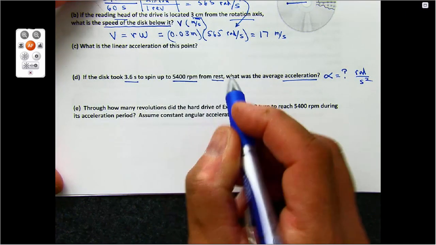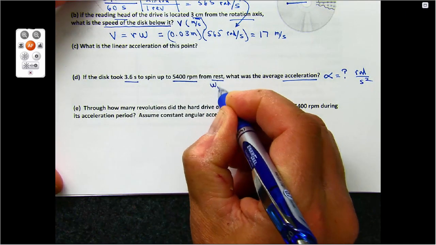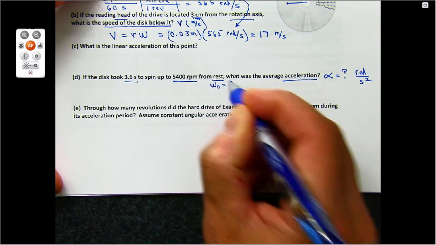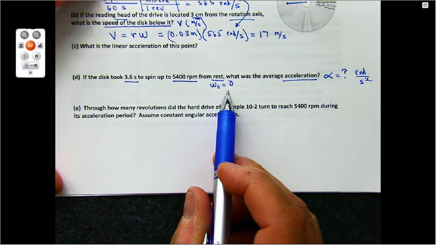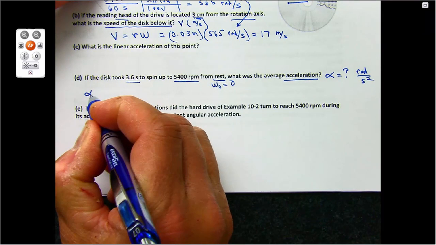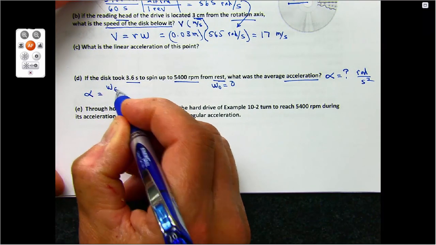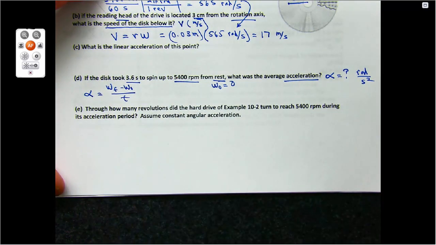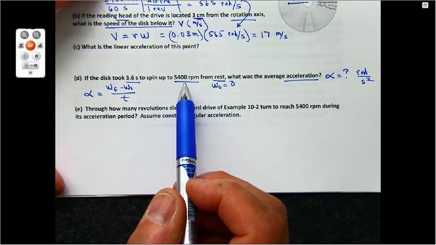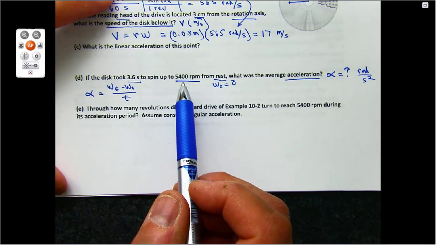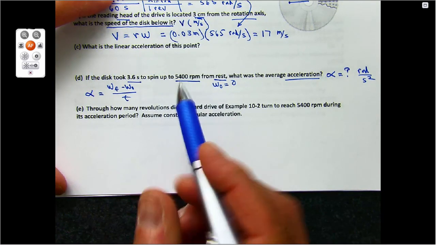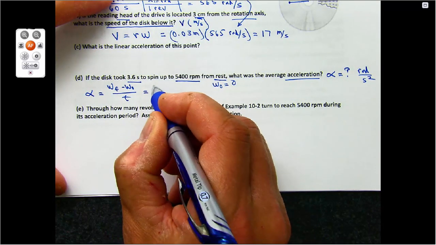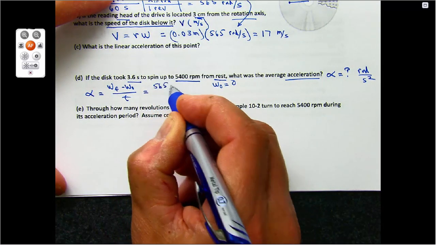From rest then, omega initial equals 0, correct? So then we can do omega final minus omega initial divided by time. So omega final is 5,400 RPMs fixed once it reaches that speed.